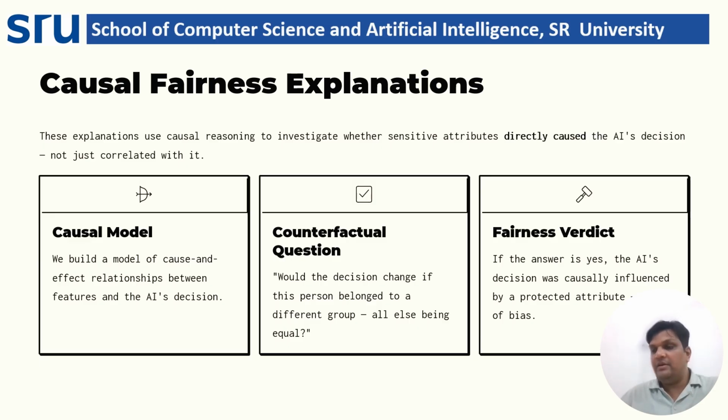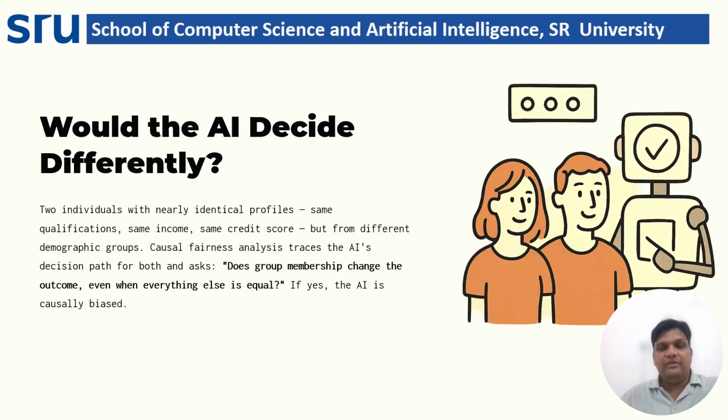So, in other words, causal fairness means instead of correlation, we look at cause. We ask, would the decision change if the person belonged to a different group? Would the AI decide differently? Take two individuals with nearly identical profiles, same qualifications, same income, same credit score, but from different demographic groups.